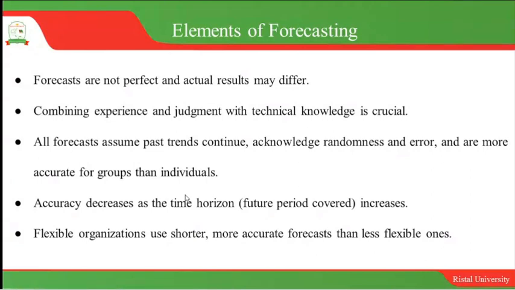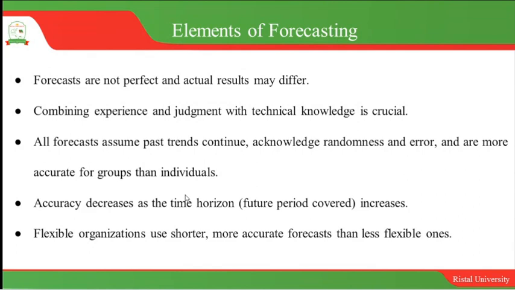We also need to understand, as element number two, forecasting is also going to involve a combination of experience. Sometimes we will forecast looking at previous months, previous years, what has happened, and previous judgments that we have made within a particular technical area or a particular activity.